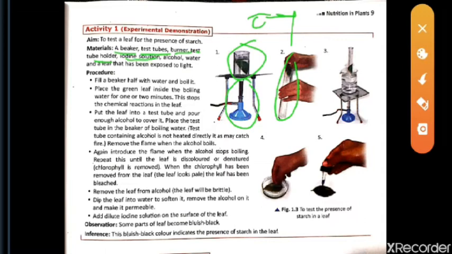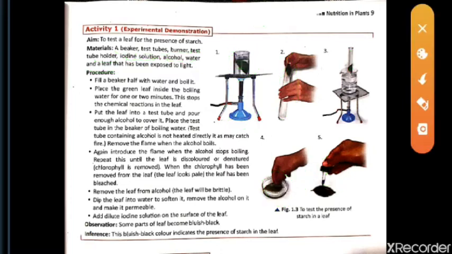Then the iodine solution with a dropper, this one is the iodine solution. Alcohol, this one, that is what they are pouring in the test tube. Water, this one is the water, and the leaf that has been exposed to light.